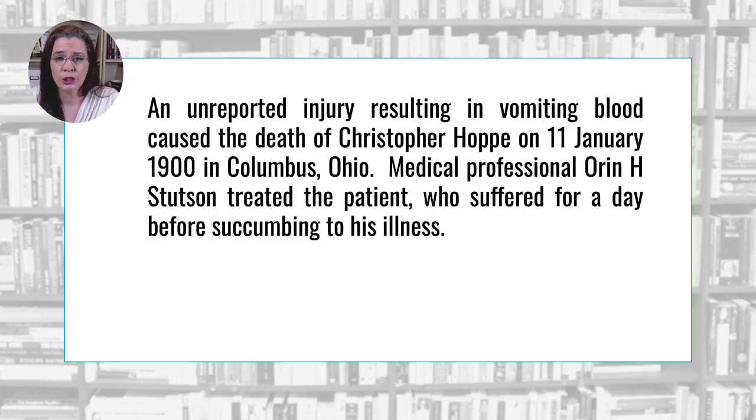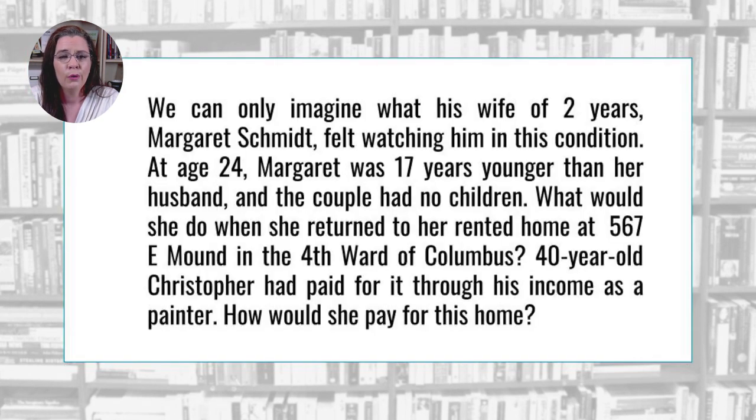An unreported injury resulted in vomiting blood caused the death of Christopher Hoppe on January 11th, 1900. Medical professional Mr. Stutson treated the patient, who suffered for a day before succumbing to his illness. We can only imagine what his wife of 2 years, Margaret Smith, felt watching him in this condition.